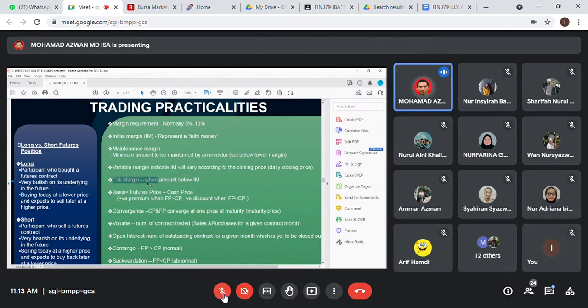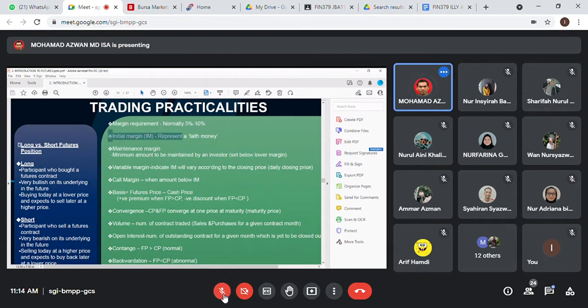Okay, tadi kita kata maintenance margin 8,000 kan? And then if your account falls to 7,000, you have to top up the call margin 3,000. 3,000 you have to top up. Maksudnya you have to top up back to your initial margin.